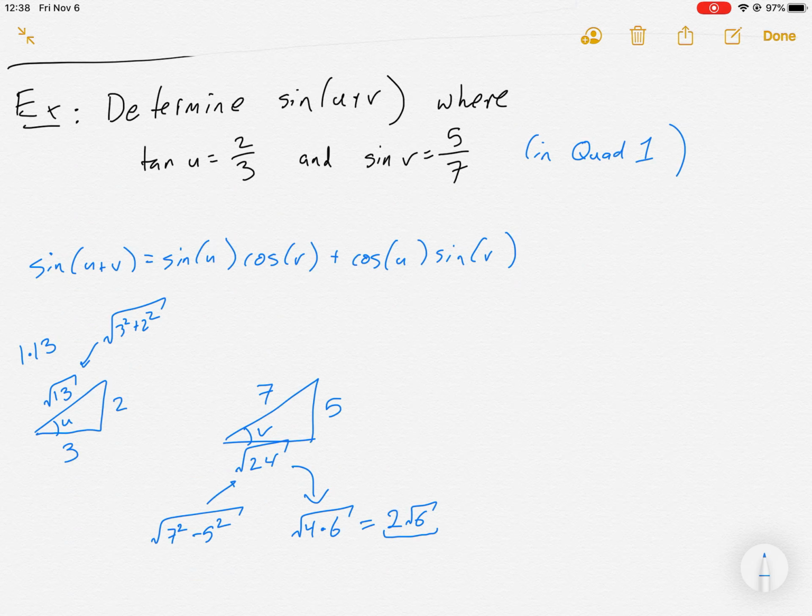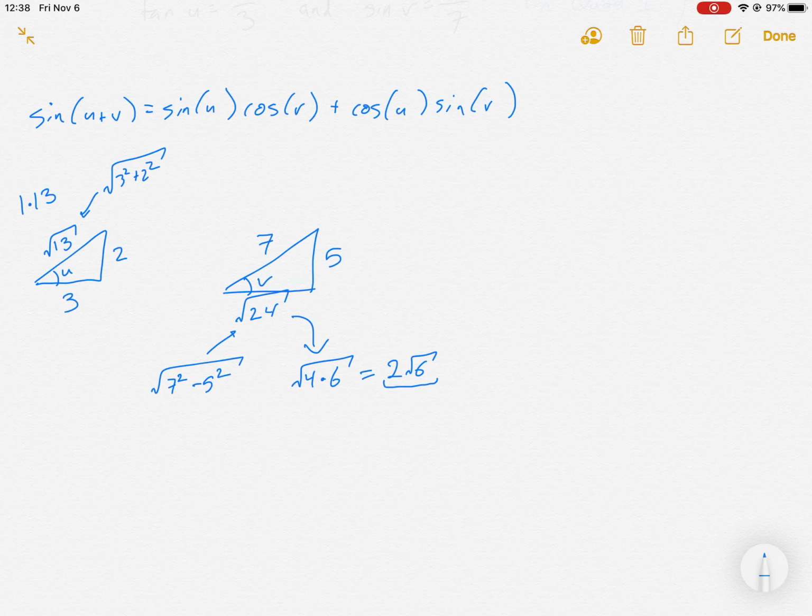Okay. All right, so let's go ahead now and actually write down our solution. So sine of u plus v equals sine of u is going to be 2 over the square root of 13 times cosine of v is 2 root 6 over 7 plus cosine of u is 3 over the square root of 13 times sine of v is 5 over 7.